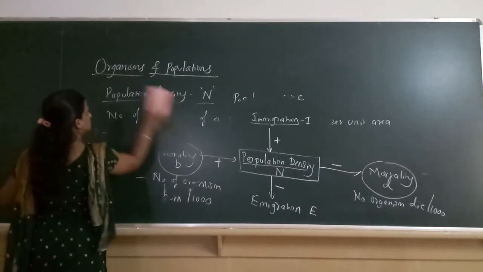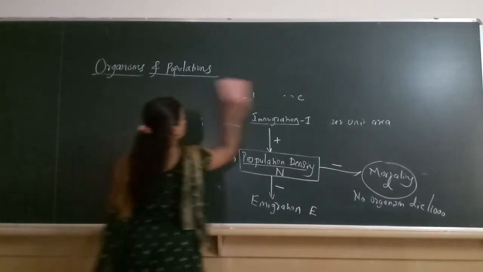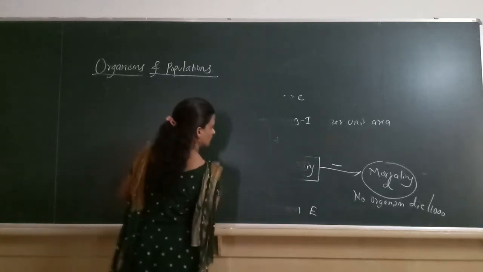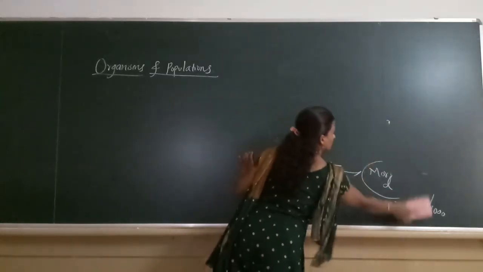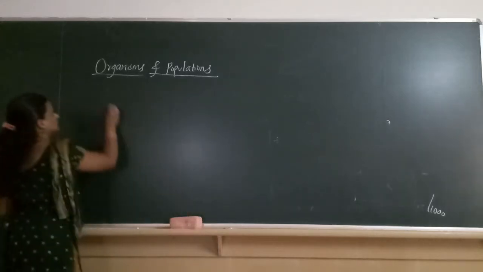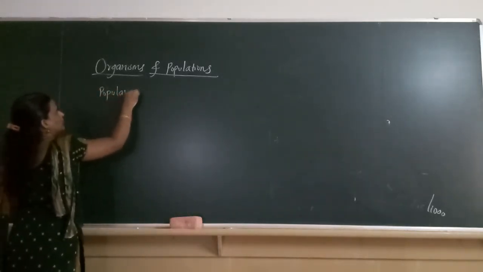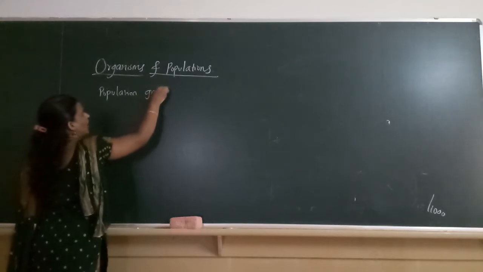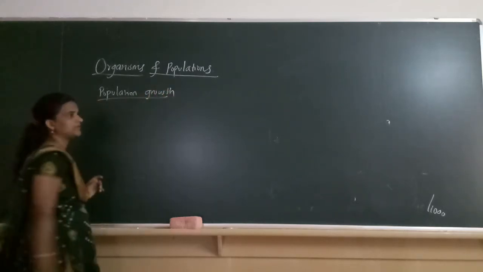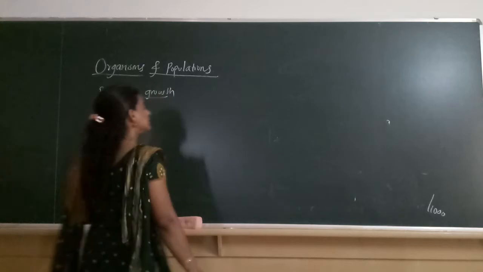Next we will start with population growth. How is population growth explained? It is explained by using two curves.